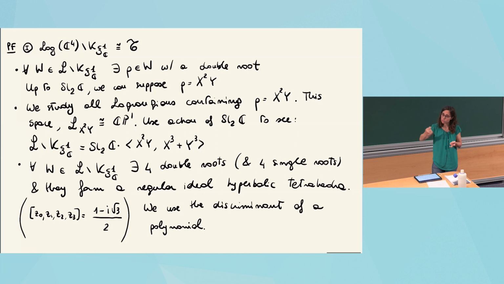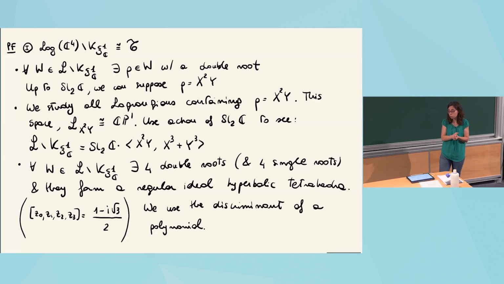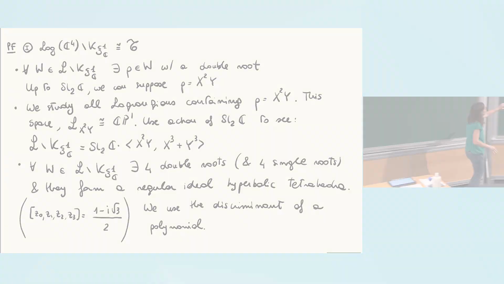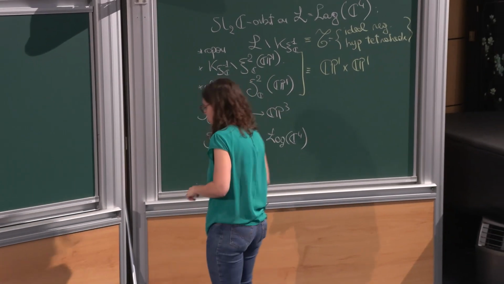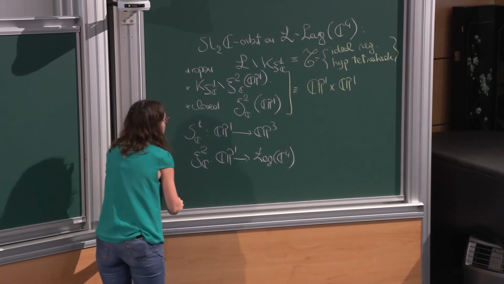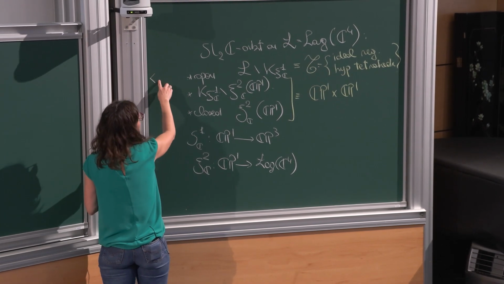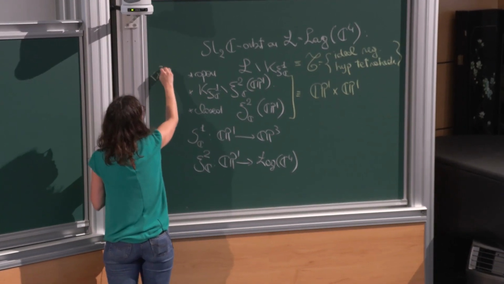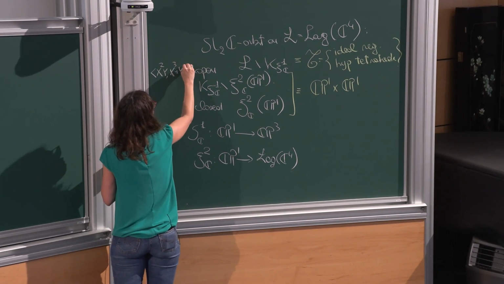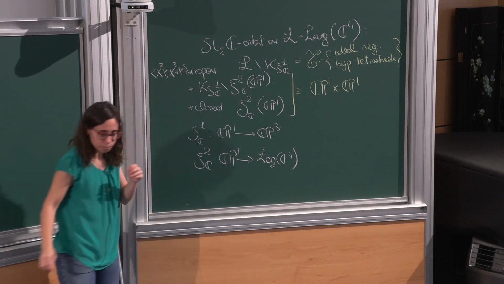And we can use the last remaining freedom of this action of SL2 to really see that this orbit, this one representative here, is exactly the span of x squared y and x cubed plus y cubed.